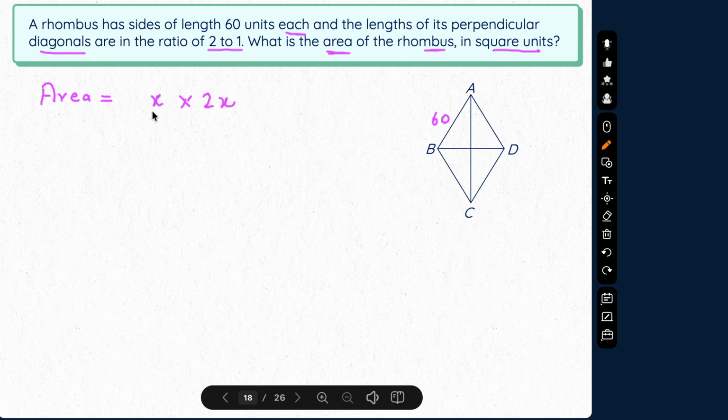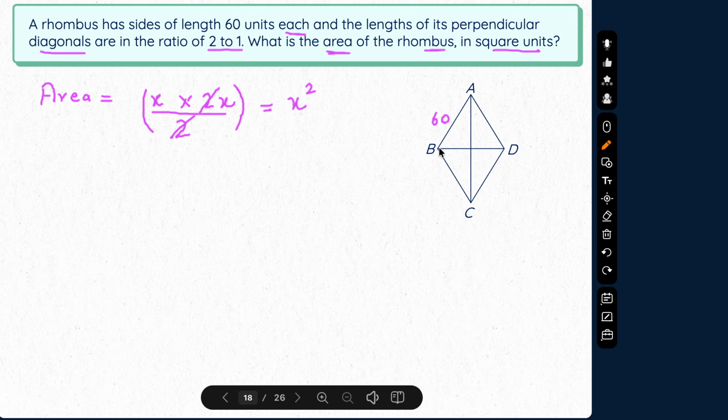And for the area I have to divide by 2, because I have to take the average of the product of the two diagonals, right? So if I do that, the 2 and 2 cancel out and I get area is equal to x squared, right?